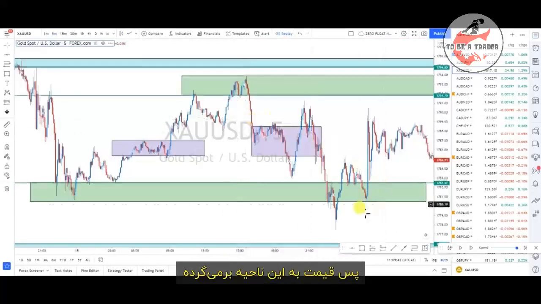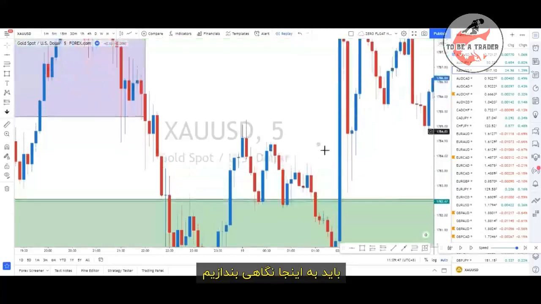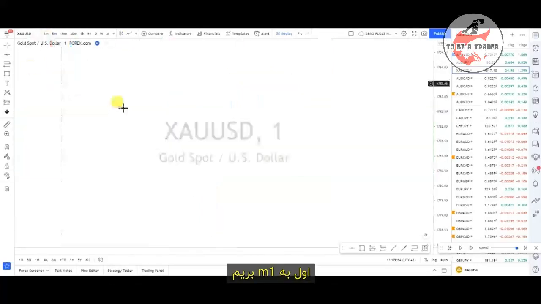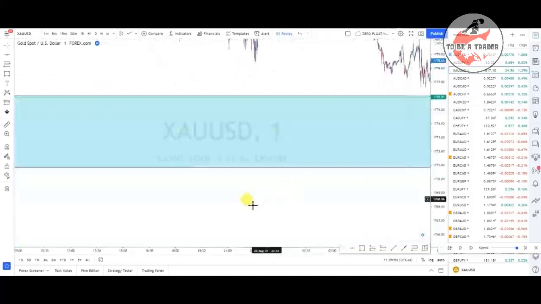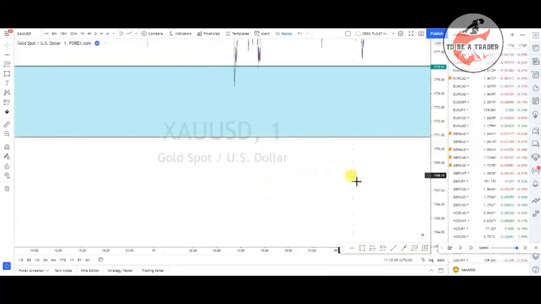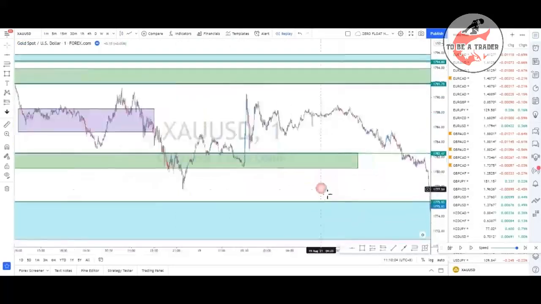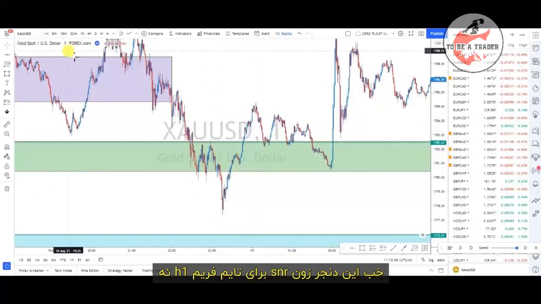So price will come back to this area, right? So what should we do, let's have a look. As you can see here guys, in the M5 time frame you can also see there's a QM shape already, isn't it? But let's go to the M1 first. Okay, this is the danger zone SNR for the H1 time frame.